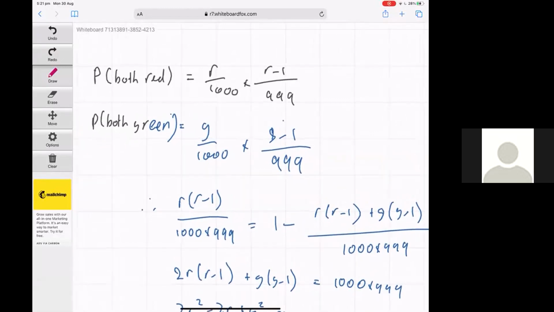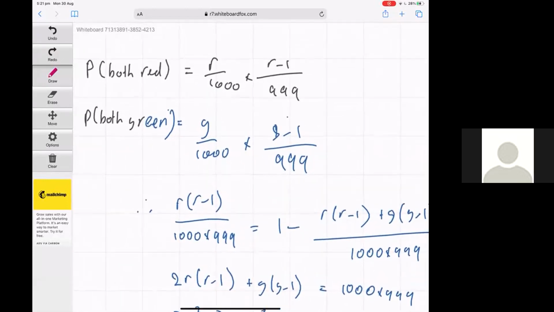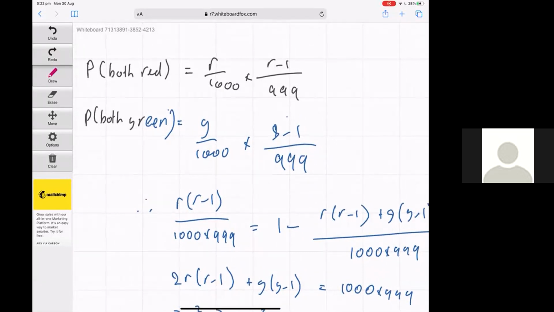Okay, let's go through this step by step. I think that this works in the end. However, I think that doing this method might become problematic if we weren't just talking about 2 marbles.